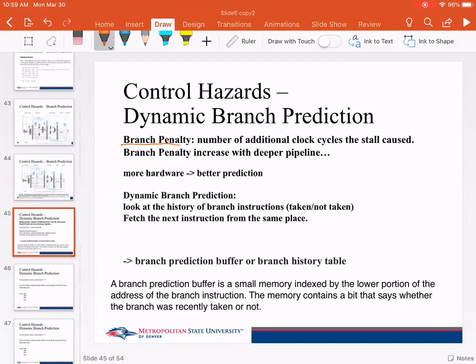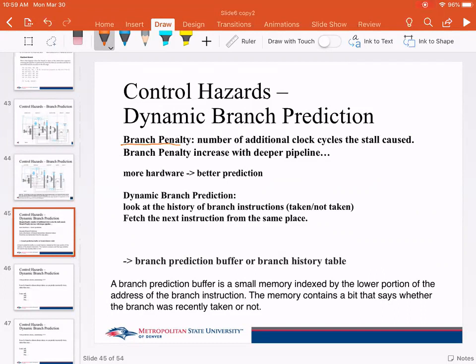So what is dynamic branch prediction? Of course, this is a more intelligent branch prediction approach compared with simply predicting the branch is taken or not taken. We could change our prediction along the timeline as the processor executes the different program, so the prediction result could change.